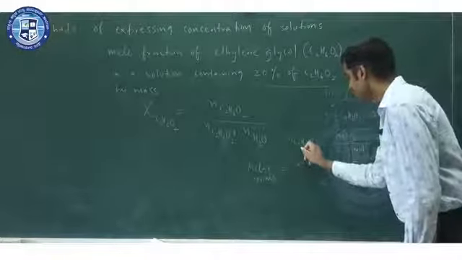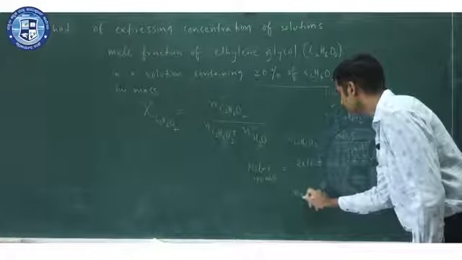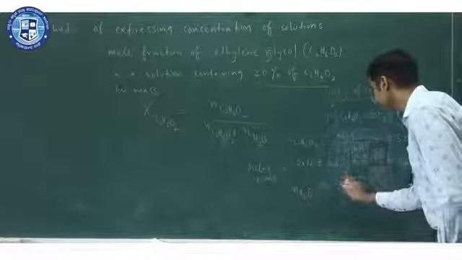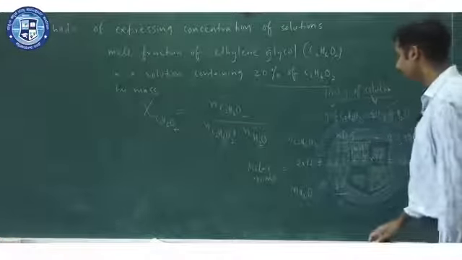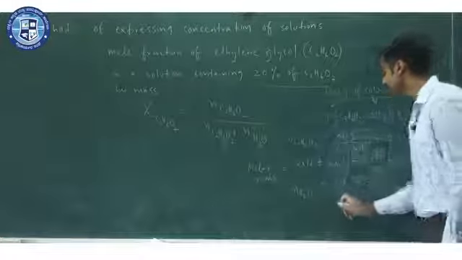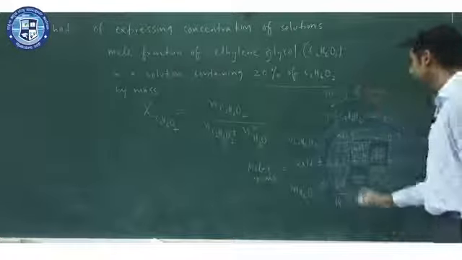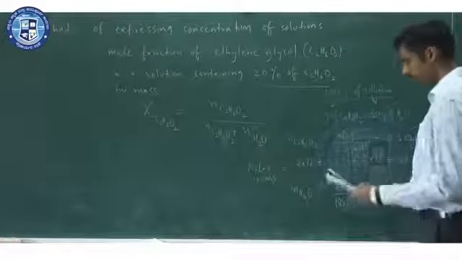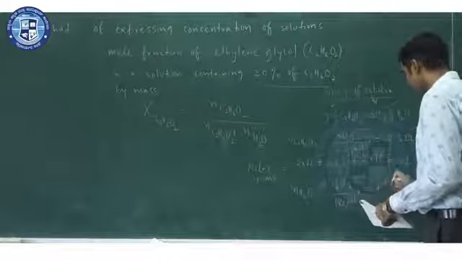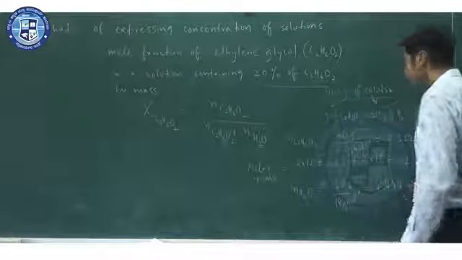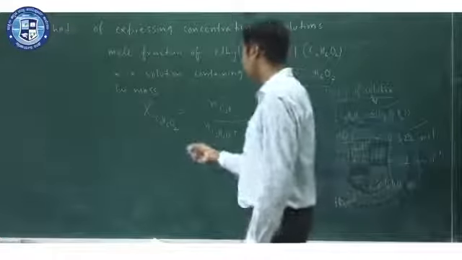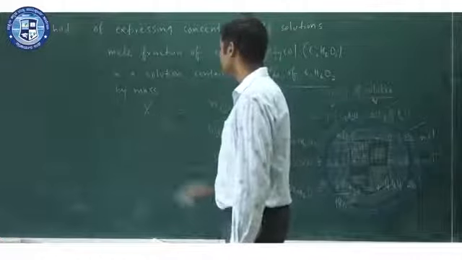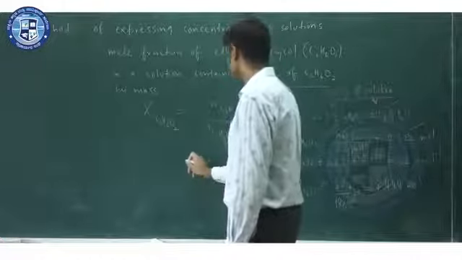Just like I have done for ethylene glycol, number of moles for water has to be worked out. What is the mass of water? 80 grams. What is the molar mass of water? You are quite familiar with this. 1 into 2 plus 16, 18 gram per mole, the molar mass for water, and this will be a value close to 4.444 mole. This has to be now substituted. We come back to the formula for calculation of mole fraction of ethylene glycol.